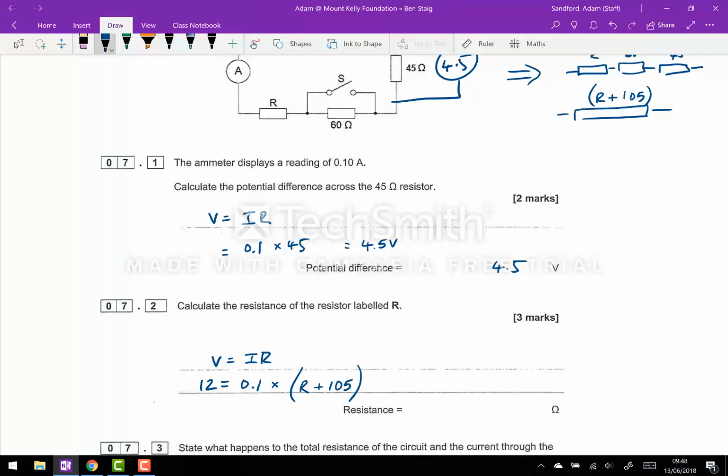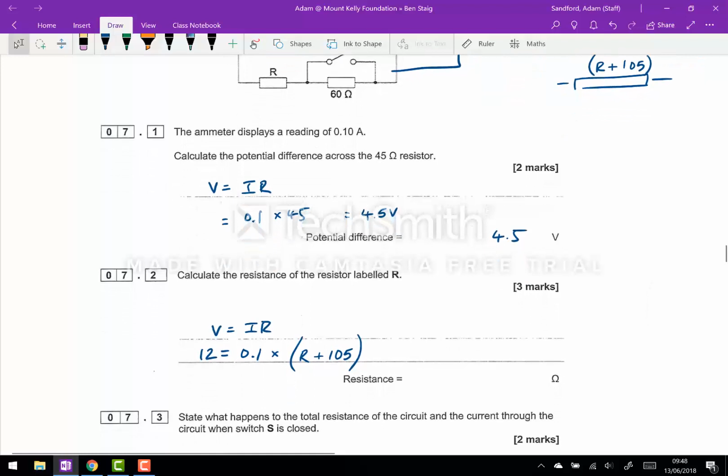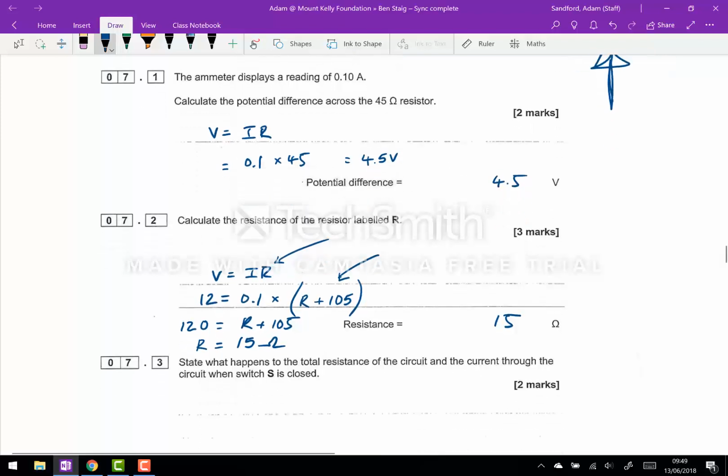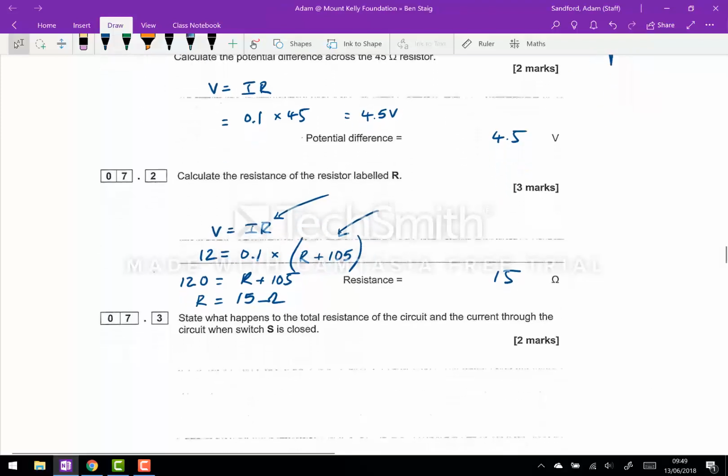Okay, so this is mathematically difficult, and you've got to recall the equation. So that means 120 is equal to R plus 105. So R is 15. That's really difficult, really hard. Loads to do there. Recall the equation, remember all this stuff, linked up just up here, just off the screen, and then do the calculation.